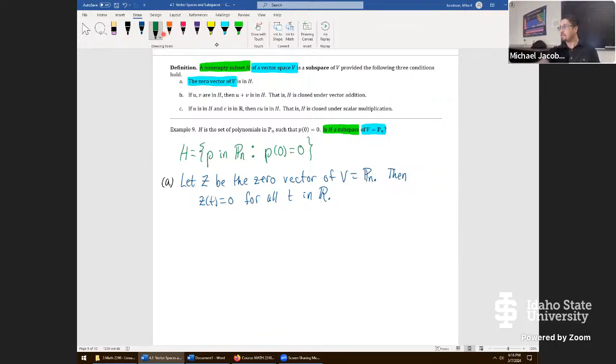Next thing we have to show is that the 0 vector is in the set H. That means we now have to take a look at the set theory angle and look at that condition for set membership. It's automatic, right? That's kind of nice. We have a 0 vector. We can say, since z, we need to evaluate at 0 to show this, z at 0 evaluates to 0.